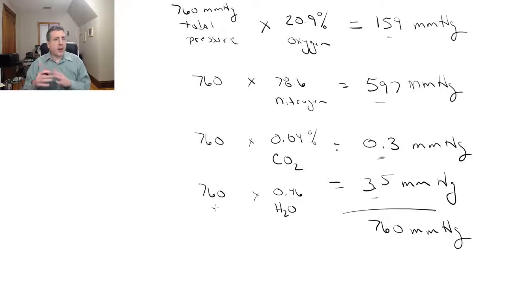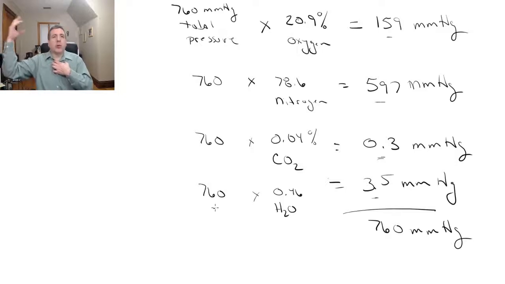So let's look at oxygen very briefly. In the next video, we'll go into a little bit more detail on this one. When you are breathing in fresh air, you have 21% oxygen, and I'll put an asterisk on that because we're going to change it, but we have 21% oxygen coming into your lungs. Let's do the partial pressure.